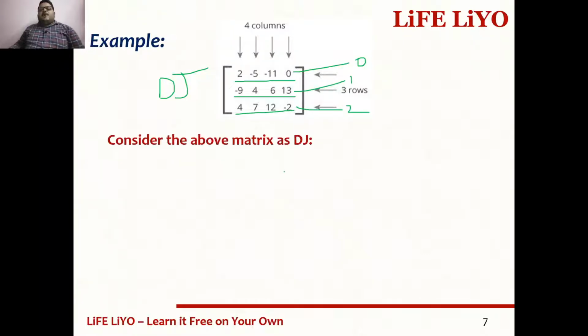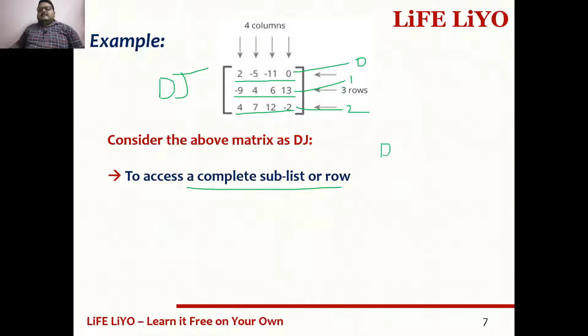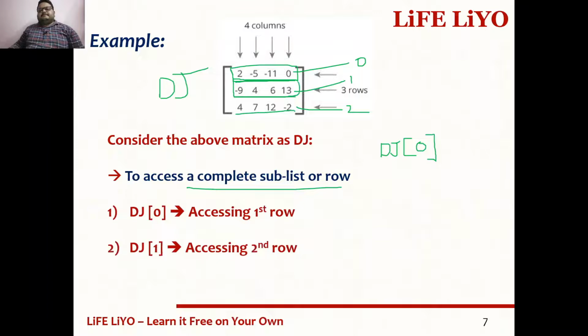Now if I want to access the matrix row-wise, that is, an entire sublist or a row, then I simply write the list name, square braces, followed by the index number. That means dj of 0 gives you this entire sublist, dj of 1 gives this entire sublist, and dj of 2 gives this entire sublist.